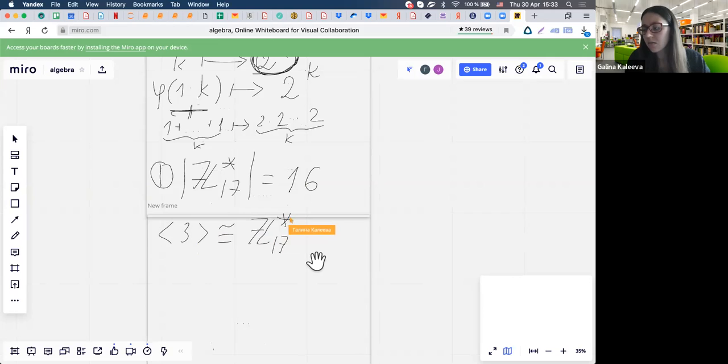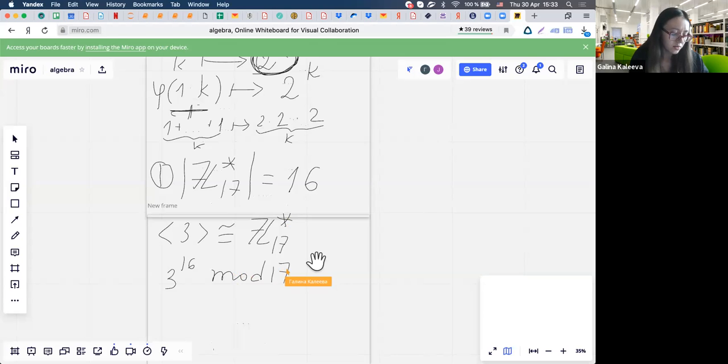Honestly, it's not very difficult to find 3 to the 16th power modulo 17. 3 to the 16th power is a big enough number, but we don't need this one.